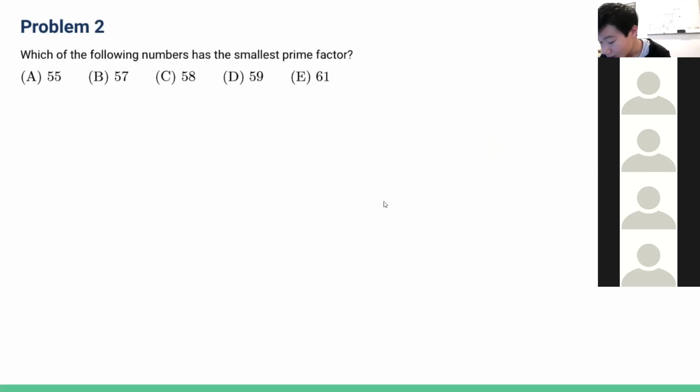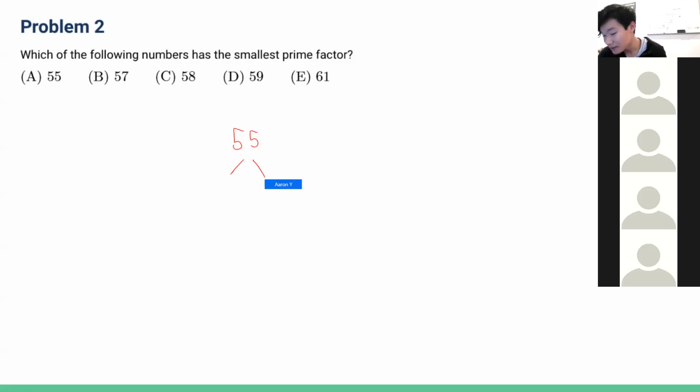So let's move on. For number 2, it asks, which of the following numbers has the smallest prime factor? Okay, so this one's a little bit more complicated. There's actually 2 ways of completing it that I can see. And number 1 is the more complicated way. So usually on a lot of problems, you'll have a complicated way to do a problem and also a simple way. The complicated way would be to take the prime factorization of every number.